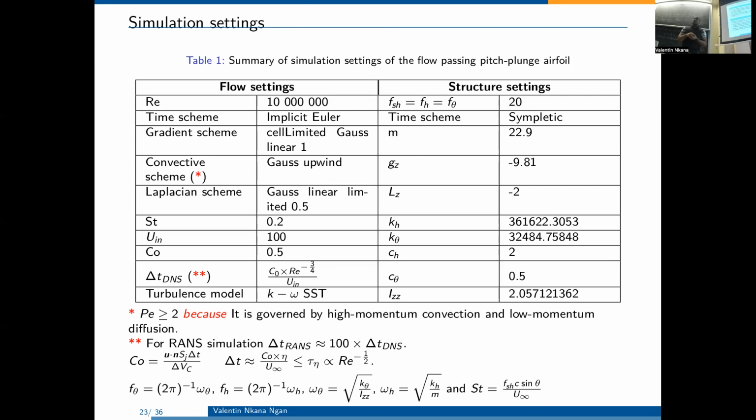And also the time step that we use depends on the Reynolds number. And here the Reynolds number is 10 million. So the higher the Reynolds number, the smaller the time step you will use. And this one takes a lot of time to complete.